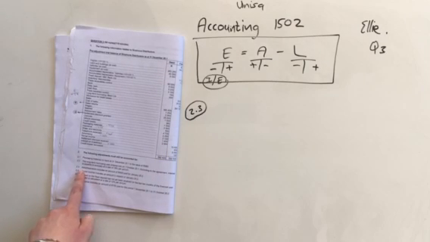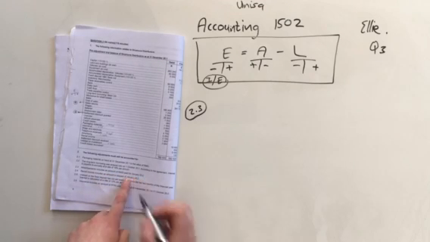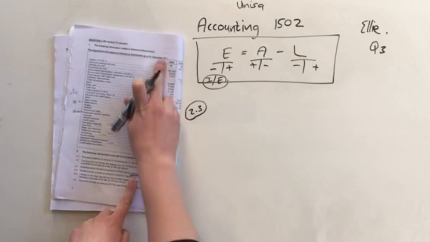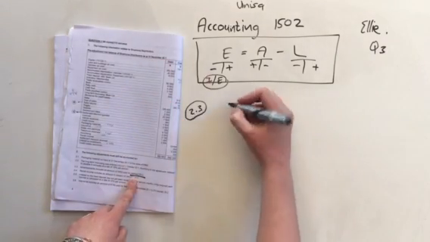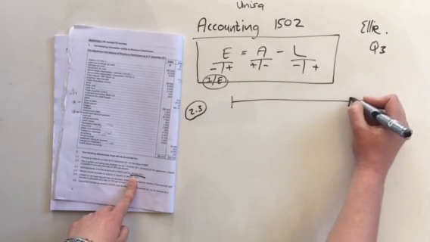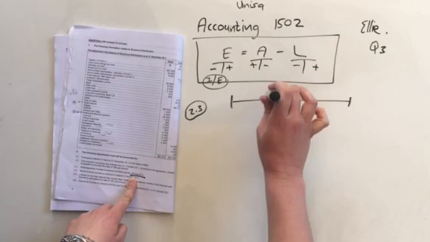So 2.3. Advertisements include an amount of 400 Rand paid for January 22. Now, January 22 falls out of our financial year. Okay, it's out of our financial year. And in accounting, you must only account for what happened this year.